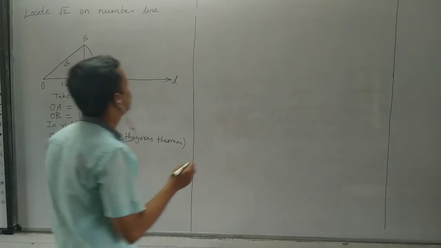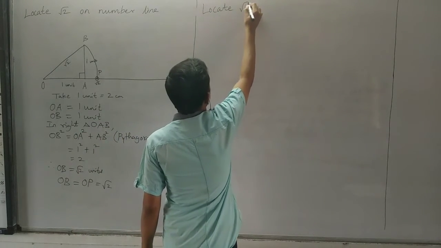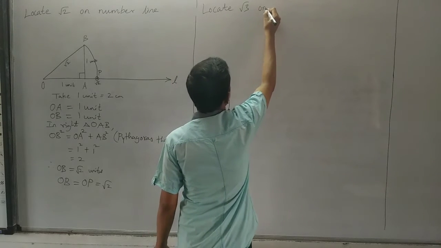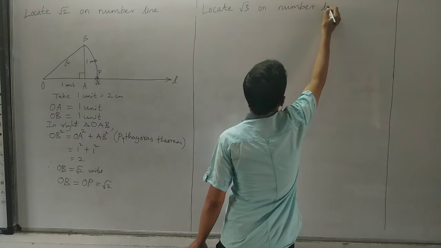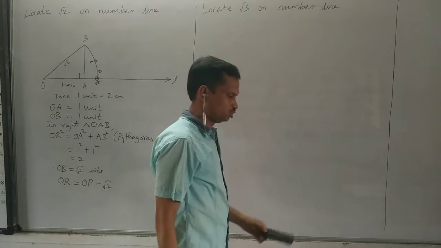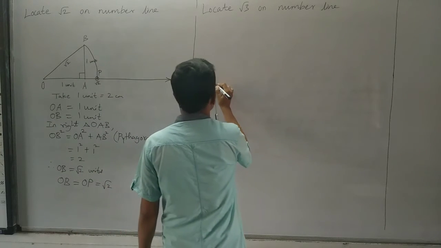And now coming to locate root 3 on the number line, the same way you have to proceed, but one more step we have to do.